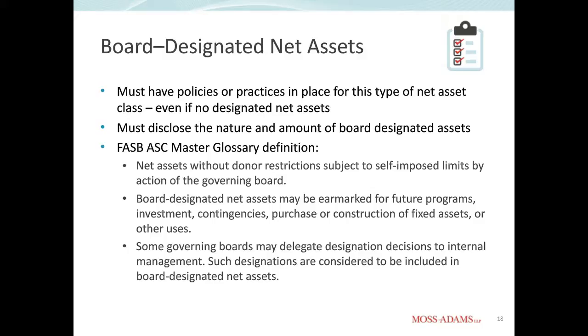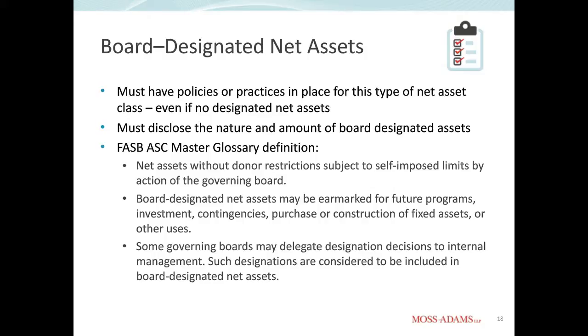Those designations can be earmarked for future programs, investments, contingencies, etc. Oftentimes, you do have additional funds left over at the end of the year that the board wants to set aside for future uses.